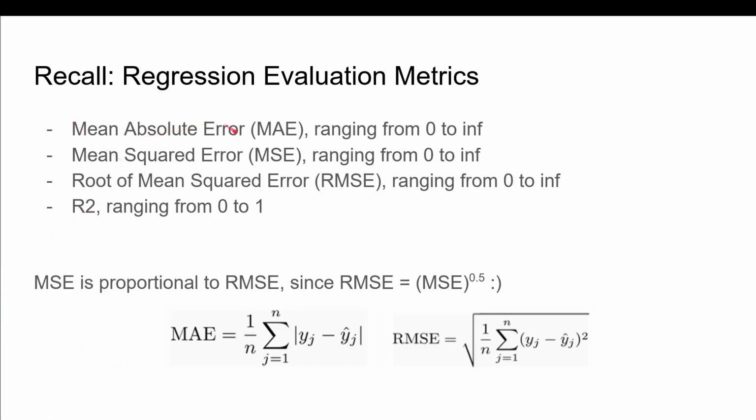The first one is the mean absolute error, then mean squared error, root mean squared error, and the last one is R squared. And since RMSE is actually the square root of MSE, MSE is proportional to RMSE. So if you are working with MSE, you only take the part inside the square root.